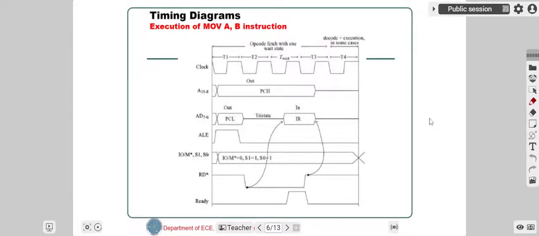So we have also seen that if the ready input signal is not 1, suppose ready is equal to 0, then for that period some wait states would be introduced between T2 and T3 clock cycles. So this is the wait state. Okay.